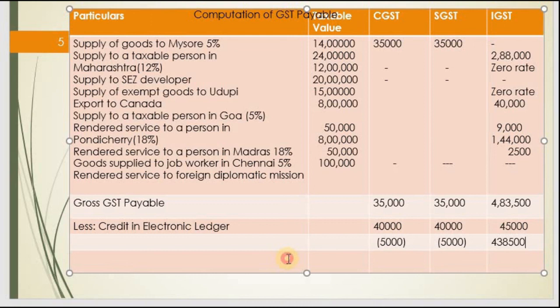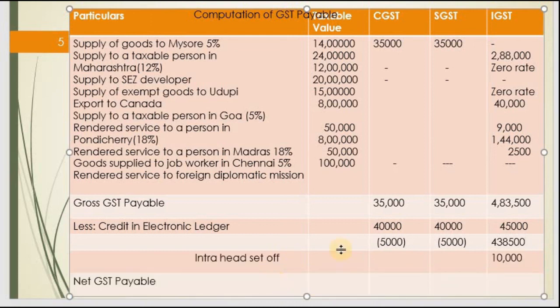So intra-head set off, let's write. So we have done the intra-head set off, that is 10,000, that is 5,000 plus 5,000. So 5,000 from CGST, 5,000 from SGST, total is 10,000. Therefore net GST payable here is nil, here it is nil, and here it is 4,28,500.